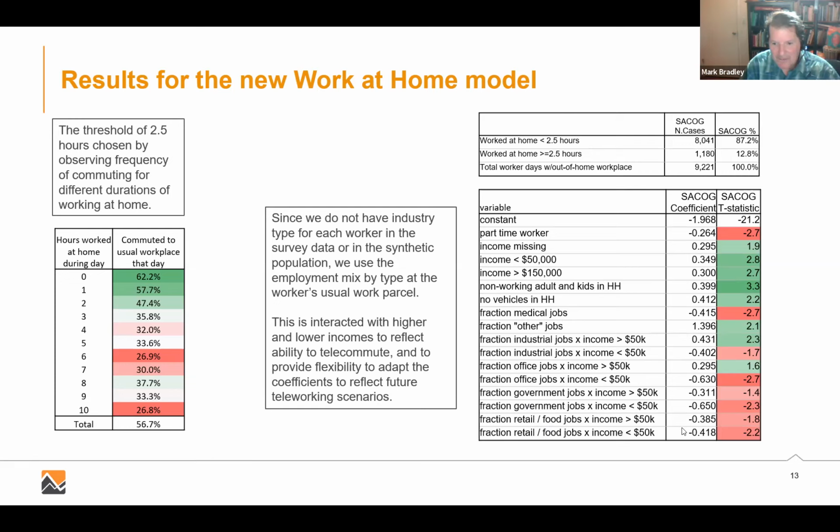For like retail and food jobs, income didn't matter much. They usually have a lower probability of staying at home. But for something like office jobs, the higher income people have more probability of working from home than the average person, while lower income have less probability. So these are coefficients that can be adjusted over time to reflect different teleworking scenarios, what you think is going to happen in different industries in the future.